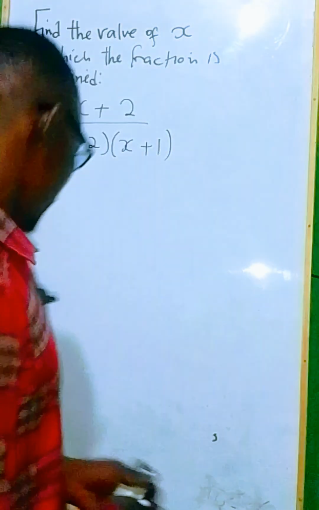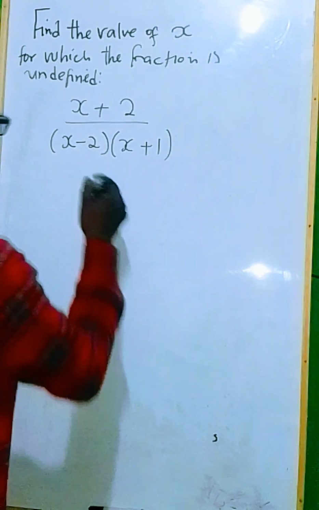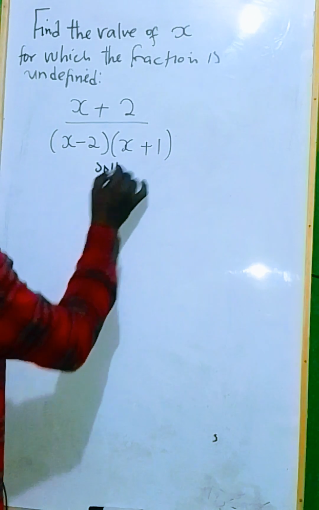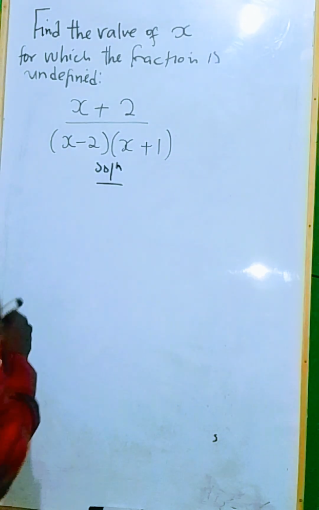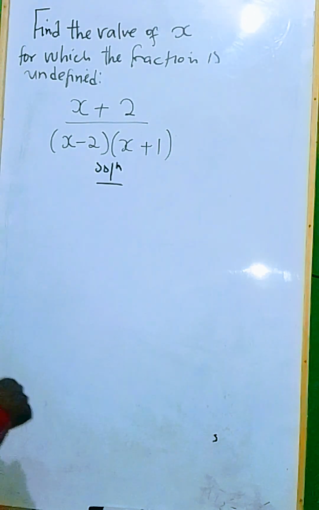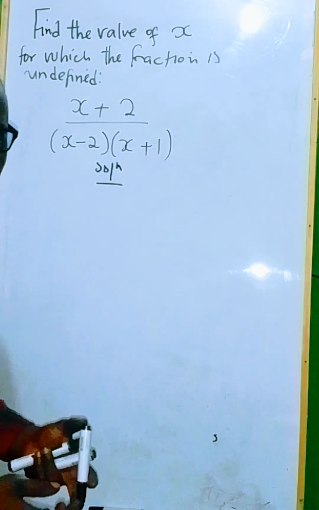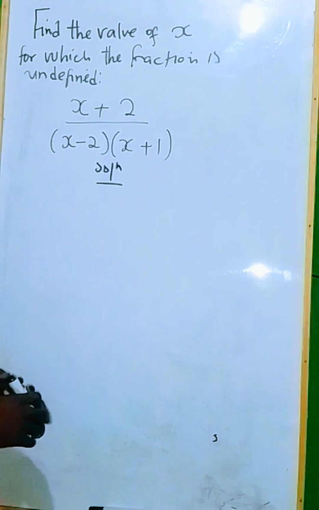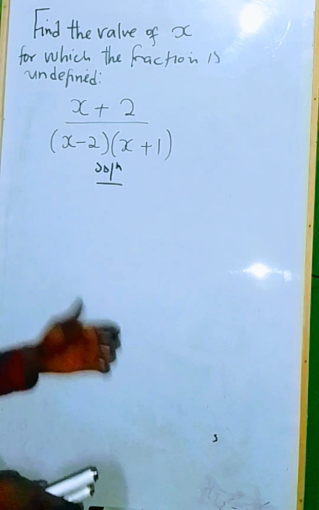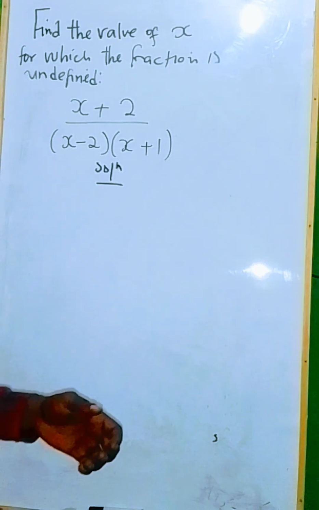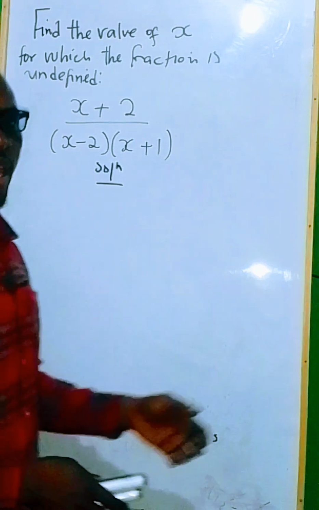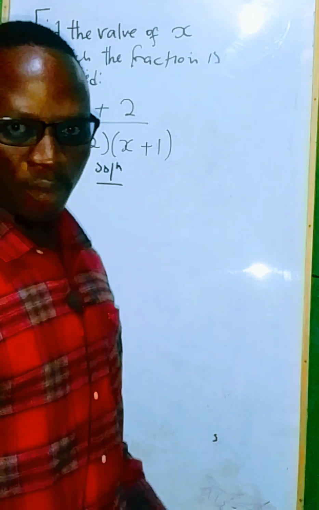All right, we shall solve this quickly. The problem is find the value of x for which the fraction is undefined. What it means is that any fraction is undefined if the denominator is equal to 0.